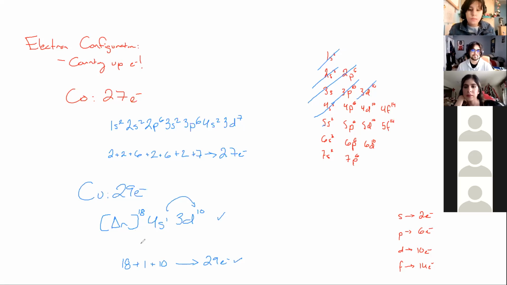Can someone tell me what some of our other exceptions are? What are some of the exceptions we have? Hint, hint, where have we found all these other exceptions?